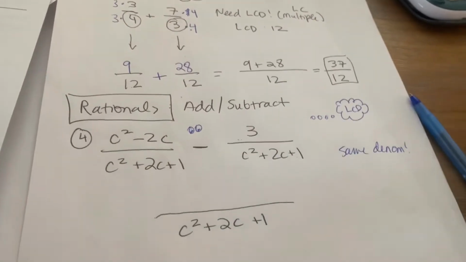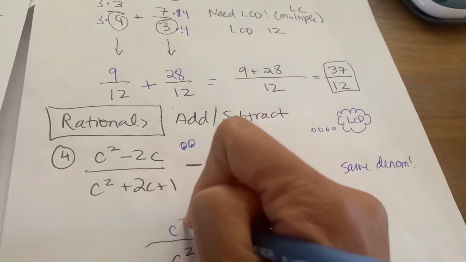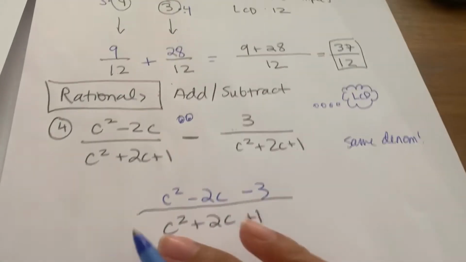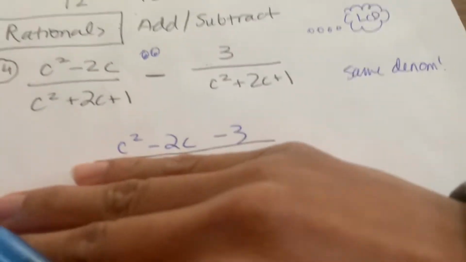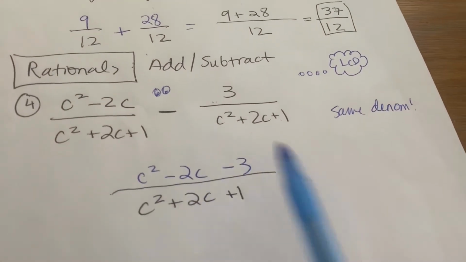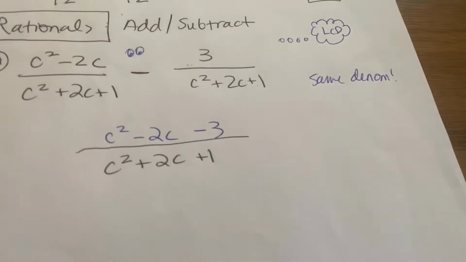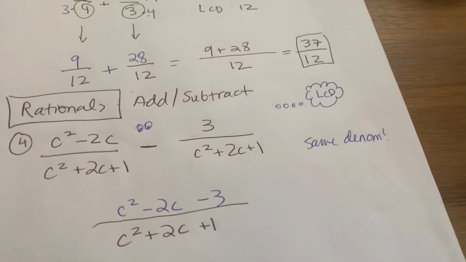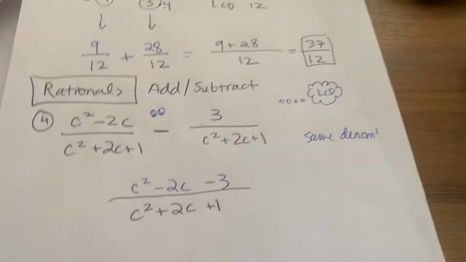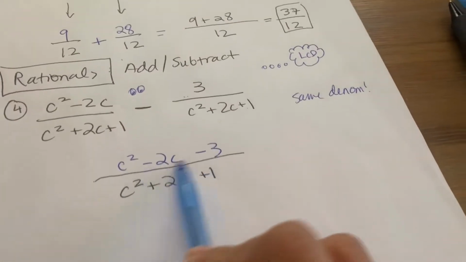Because the denominators are the same, I keep it the same, and I simply combine the top: c squared minus 2c minus 3. Looking just at the top, can I simplify that anymore? I can't add or subtract to make it any smaller, in the sense of combining like terms.